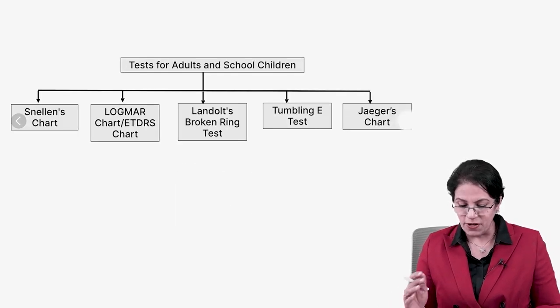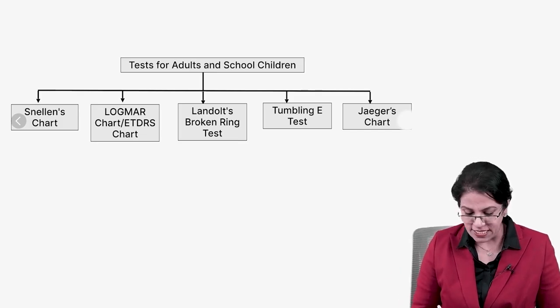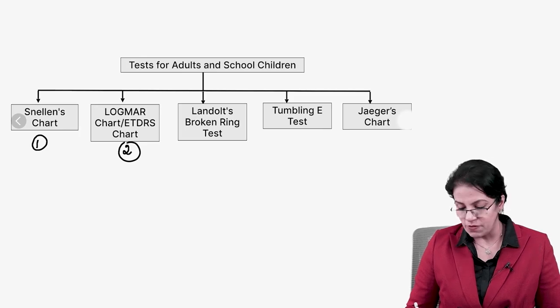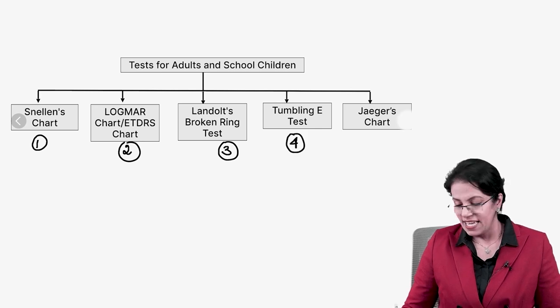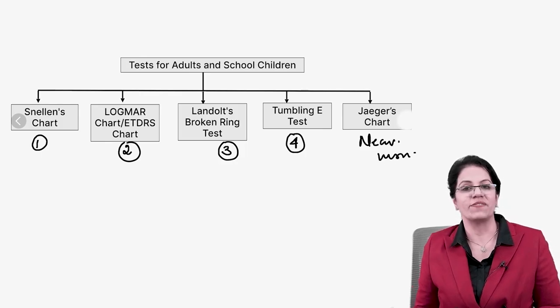And of course, when you talk about school children and adults, we have already done that in so much detail about Snellen's chart. We have talked about LogMAR chart. And of course, for illiterate, Landolt's broken ring test, tumbling E test, and for near we have talked about Jaeger's chart. Just a quick revision.